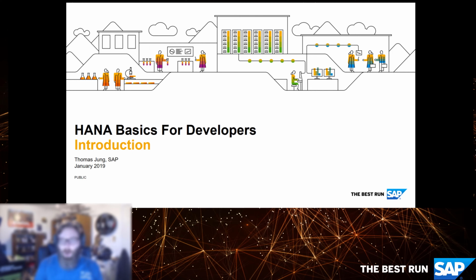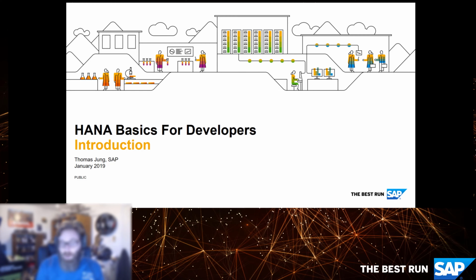So what I wanted to do is go back and look up a lot of the older materials that we had and just update them so that all the demos and all the context that I'll be talking to you about in the series will be HANA 2.0, SPS 3, the latest available version of HANA.